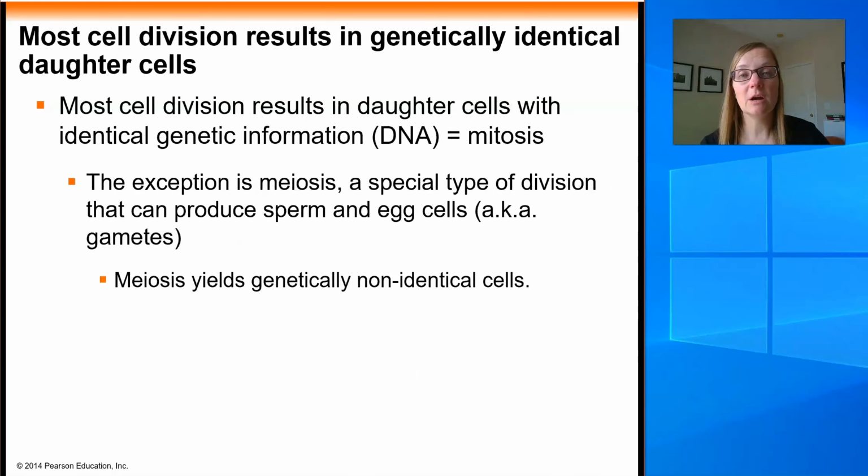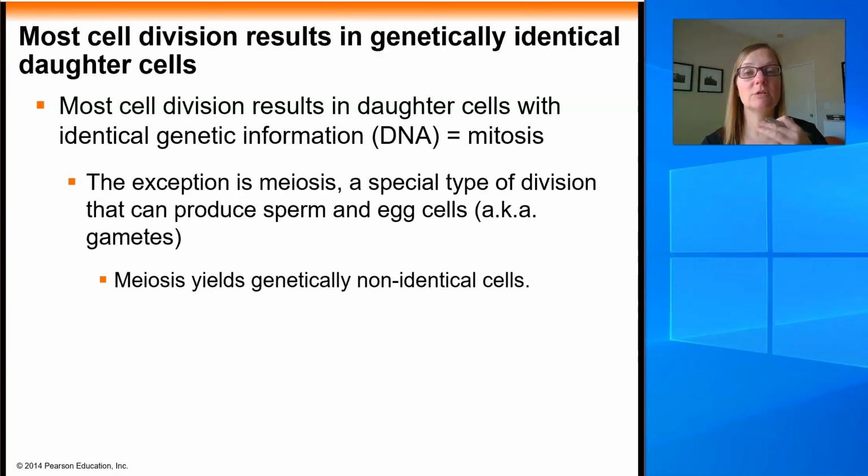Now, when we talk about cell division, there are really 2 different kinds of cell division. We're going to focus on one type in this chapter, chapter 12, and then a different kind in chapter 13. Most cell division, and the cell division that we focus on here in chapter 12, is cell division which creates genetically identical daughter cells. This is called mitosis.